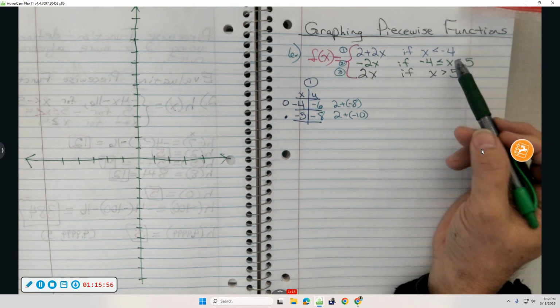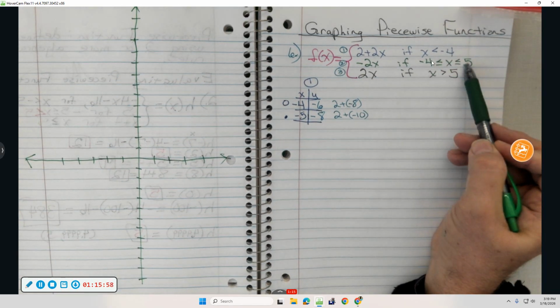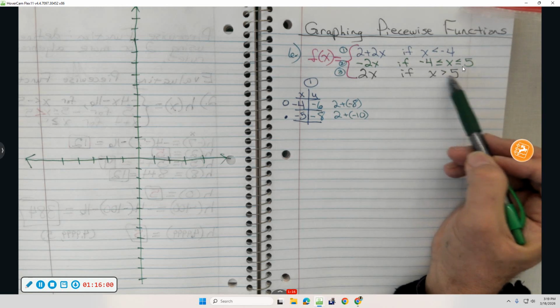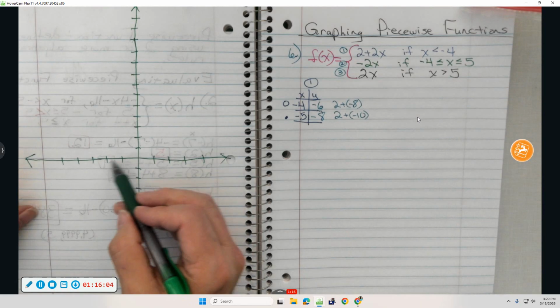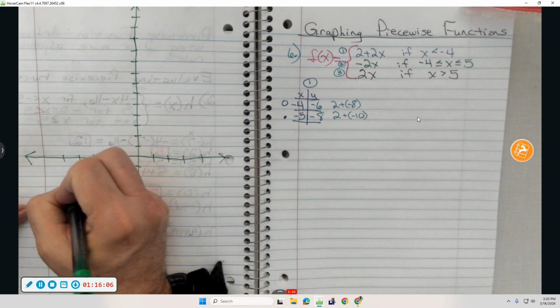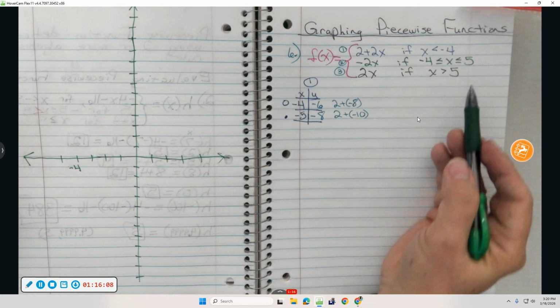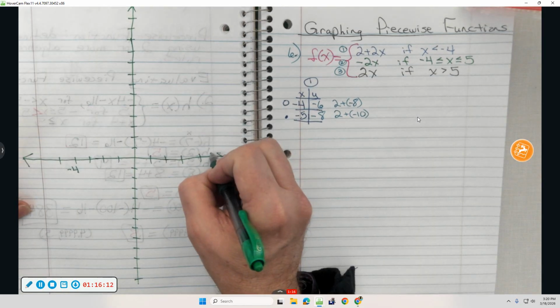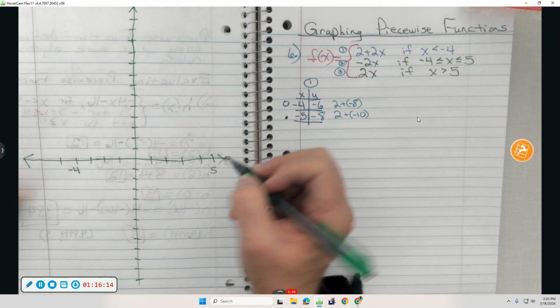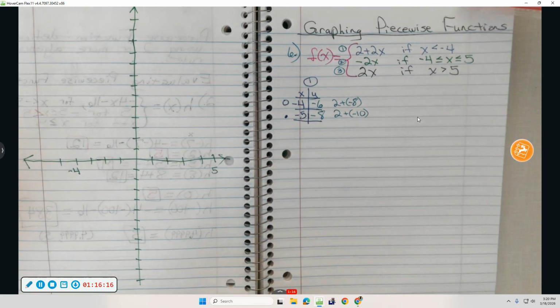The cut points are where the blue piece changes to the green piece and the green piece changes to the black piece. That occurs at -4, and at +5. Here's -4 and +5: 1, 2, 3, 4, 5. Now we'll have 6 over here somewhere.